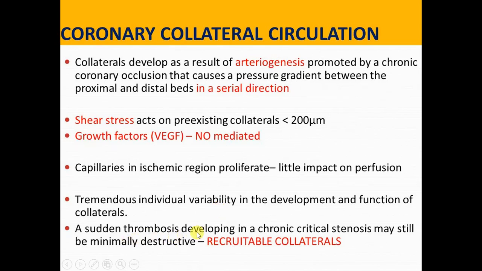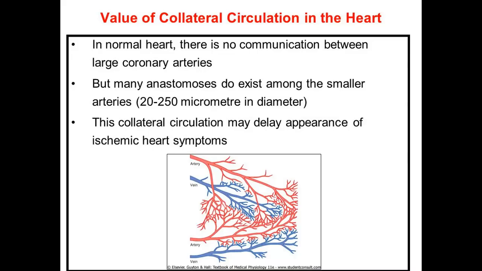A sudden thrombosis developing in a chronic critical stenosis may still be minimally destructive. That is the recruitable collaterals. This is the benefit of the collaterals: if suddenly the coronary artery develops a thrombosis in a chronic critical stenosis, then the damage will be minimal because of these collaterals.